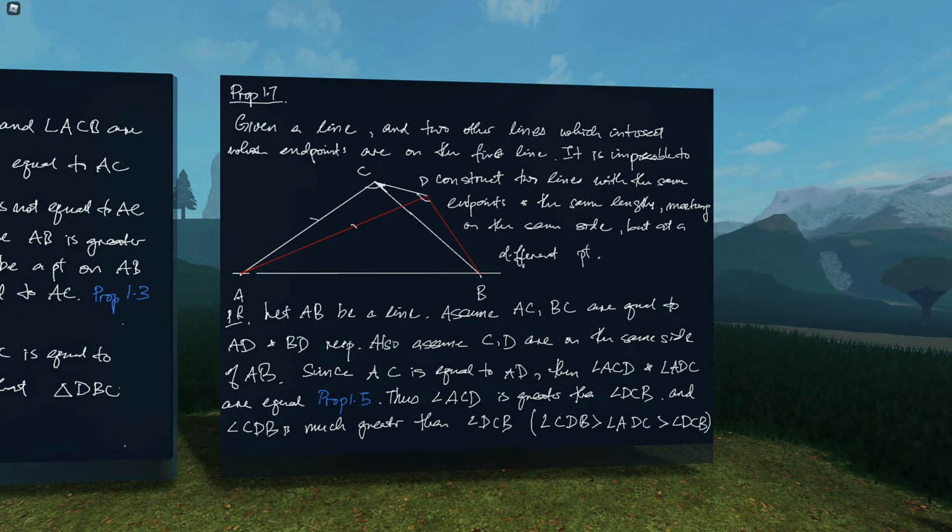It's greater than ADC because it's the tiny angle that is part of the bigger angle, and that's greater than DCB from what we've just said earlier. I'm unable to keep this on the same board, so let's drag over to the next board and finish the last statement there.